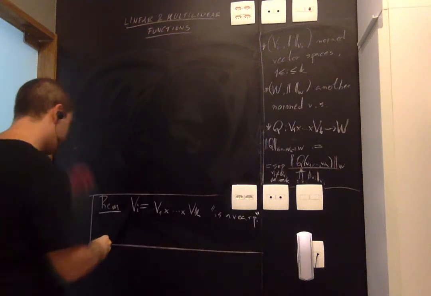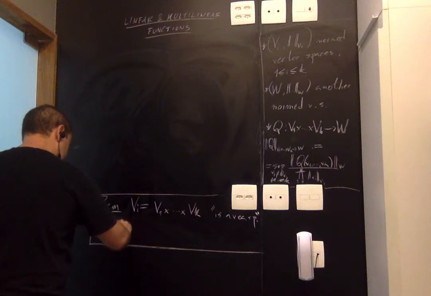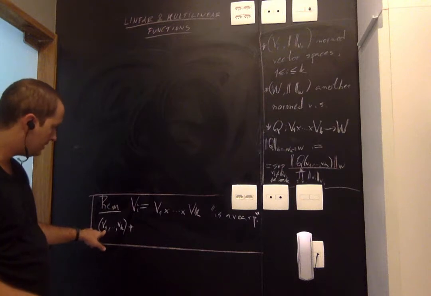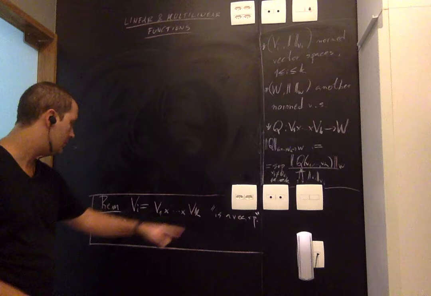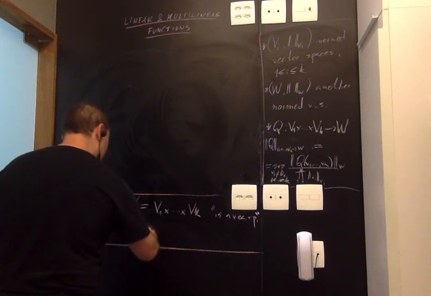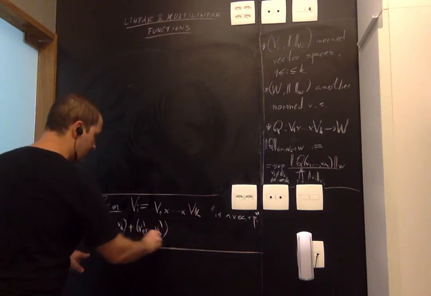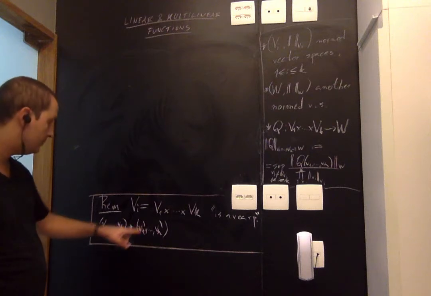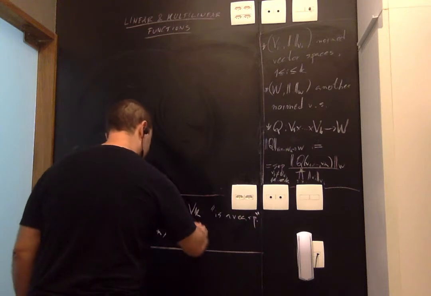How do I add elements here? An element of V is a k-tuple of one element of V1, one element of V2, up to one element of Vk. If I add two k-tuples like this, you have to make sure you add vectors in V1 with vectors in V1, vectors in V2 with vectors in V2. So that's how you define things.